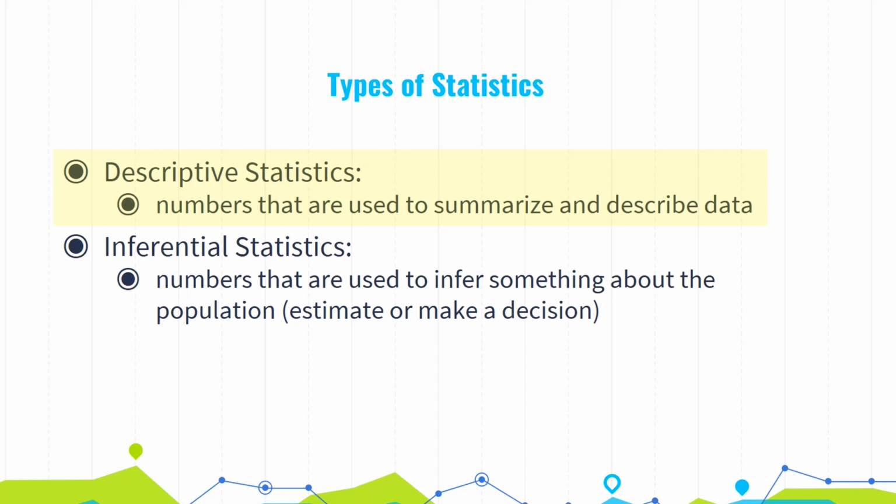The average, for example, the sample average, is a really popular one. There are other descriptive statistics. So these are statistics that are used to describe your sample data. Then there's inferential statistics. These are numbers that are used to infer something about the population. So these are statistics that are used for the purpose of inference, estimation, or decision making.